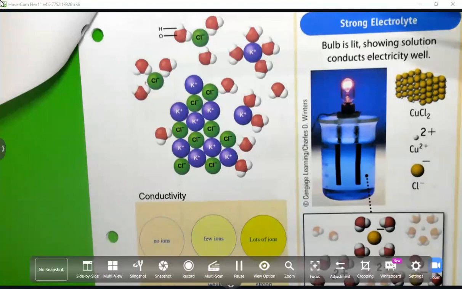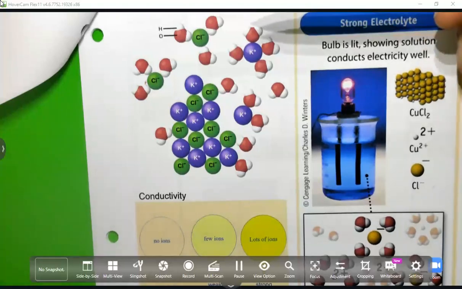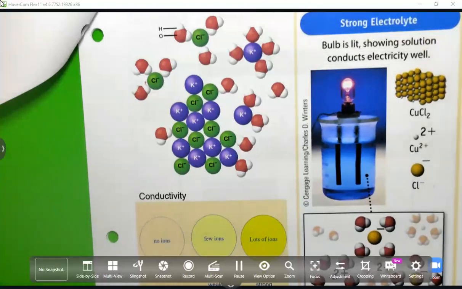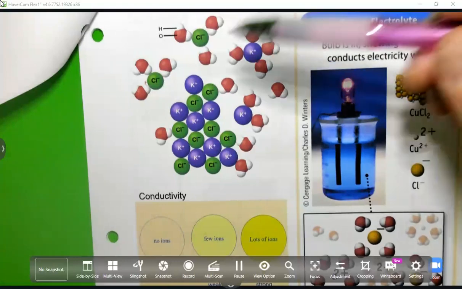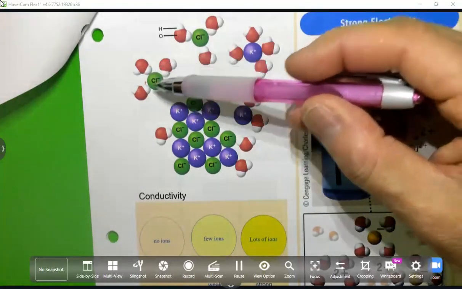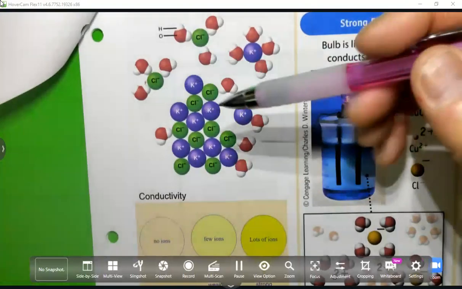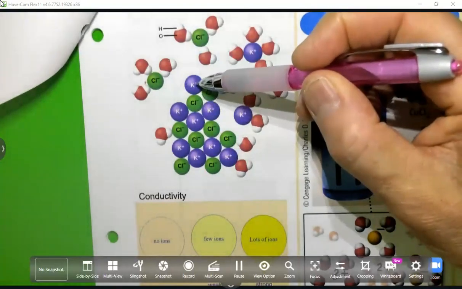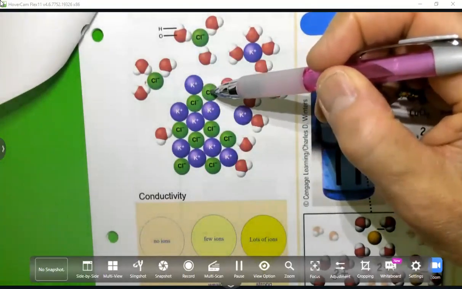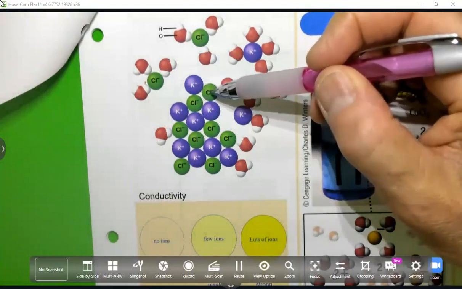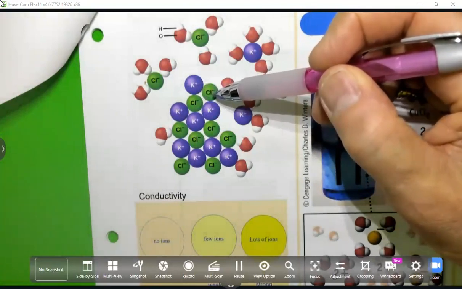So what happens is, if it is soluble, or we say it dissolves, if water molecules can come in and overpower the attractive force between the positive and the negative ion, because this positive potassium is attracted to that negative chloride.